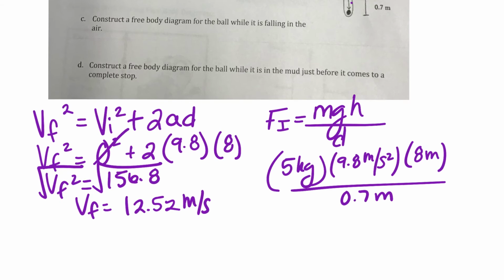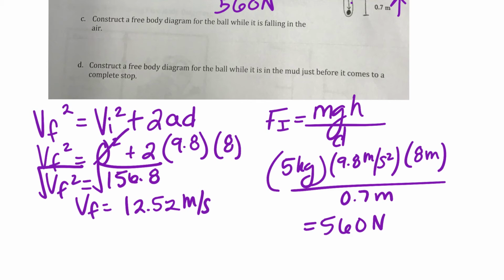Then we work that all out in the calculator. Very easy to do. You get an answer of 560 newtons. So that is the impact force that this mud is pushing up on the rock to stop it from sinking in even further. All right, moving on.